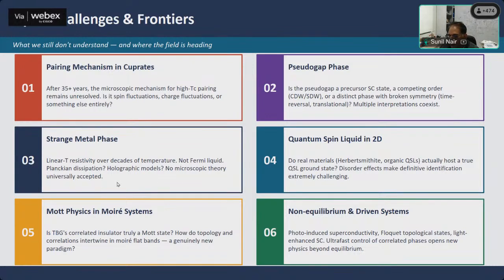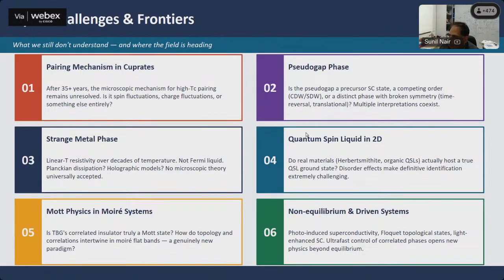As I was saying, many of the superconducting states have a hidden quantum phase transition in their vicinity, and that then gives rise to what is known as a strange metal phase. So, for instance, you can have a linear resistivity change, whereas it should have been quadratic in the case of a simple metal, over many decades of temperatures. So, how does this happen? There is no real microscopic theory which is universally accepted in this area.